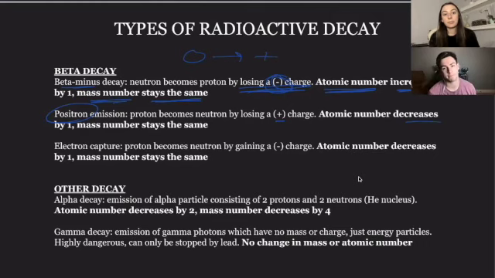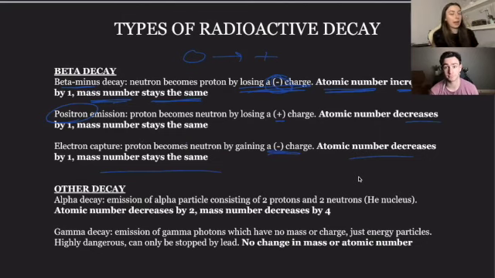So your atomic number is going to decrease by 1, but your mass number is still going to stay the same because you're just losing a positron. And then electron capture is exactly what it sounds like. We gain a negative charge, and so a proton becomes a neutron. Atomic number is going to decrease and mass number stays the same.